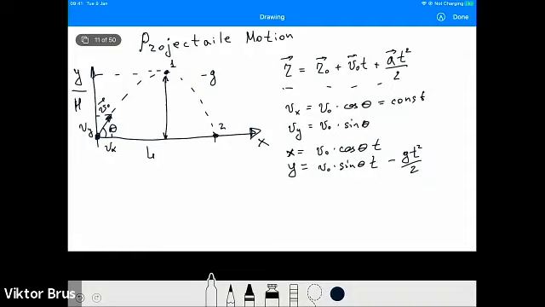So this is the acceleration of free falling, and this will definitely have an impact on how our body will move along axis y.